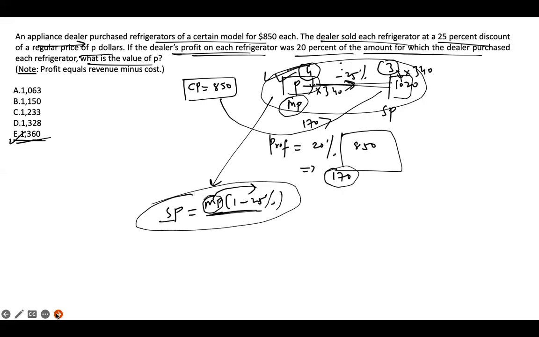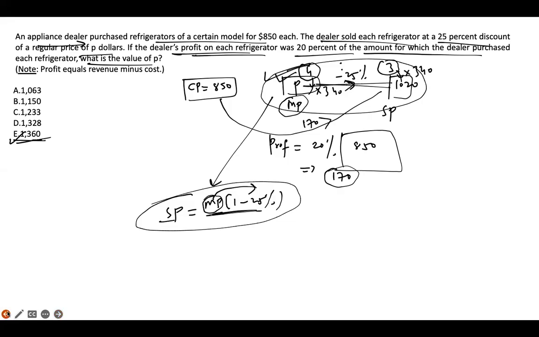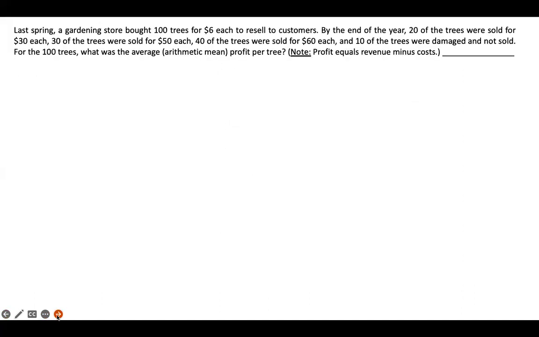So the relationship between mark price and selling price is mark price upon selling price is equal to 4 by 3. Okay. Go for this. This is an easy one and you should not be making any mistake in this. Yes. Just a second.